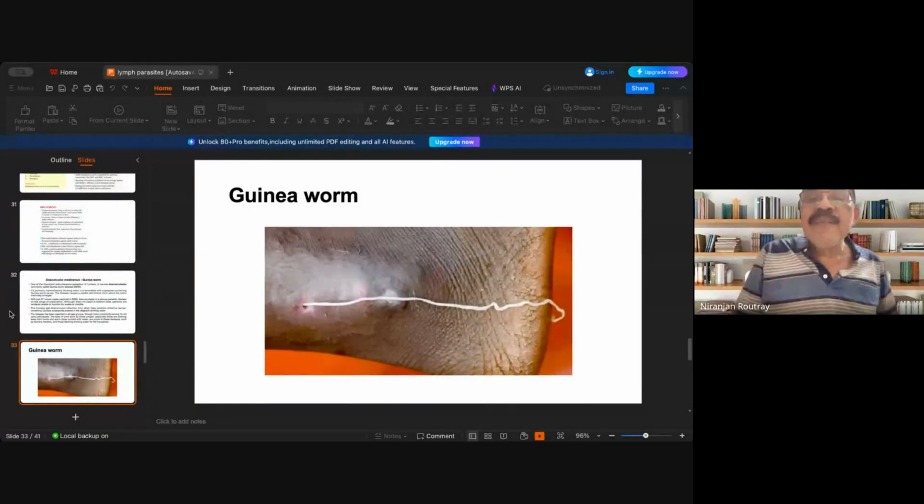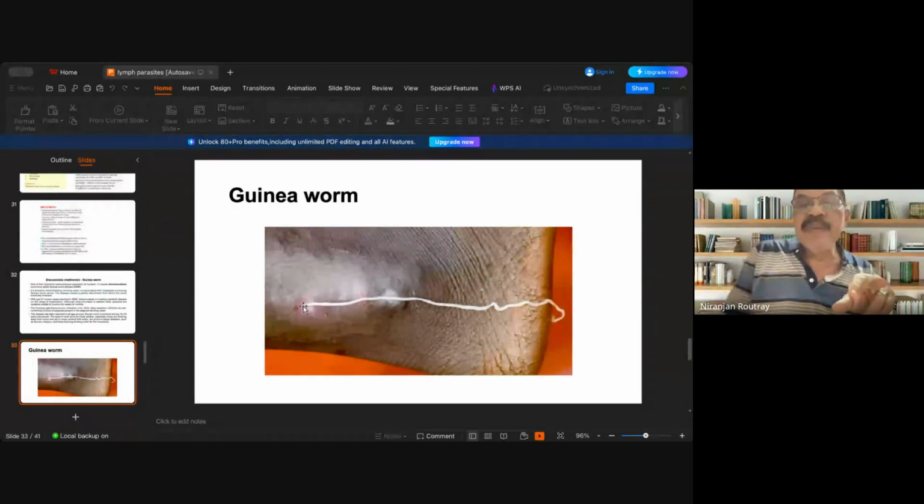Now you see this guinea worm. You see that is the opening. The blister has burst, and simply these animals don't come out in this condition.